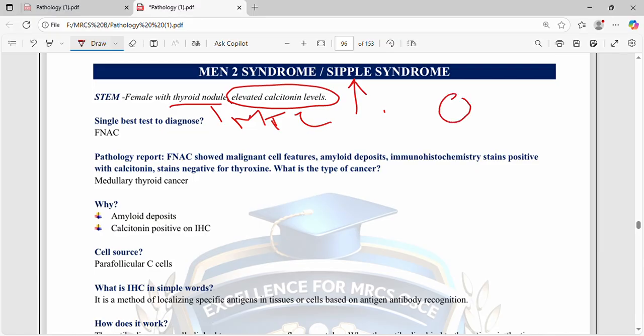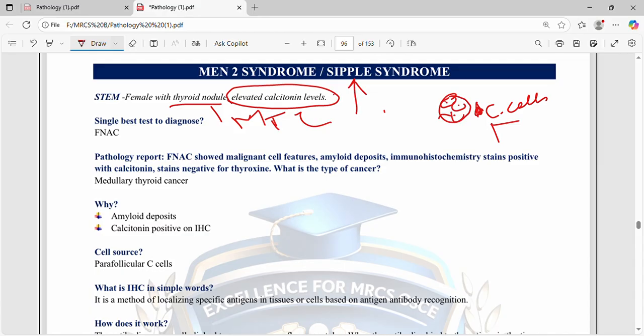Thyroid has two types of cells: follicular cells, and along with these we have parafollicular cells, also called C cells. These secrete calcitonin, so this is actually a tumor of C cells. So a thyroid nodule with elevated calcitonin is medullary thyroid carcinoma.